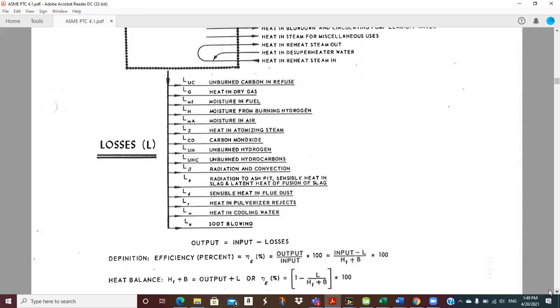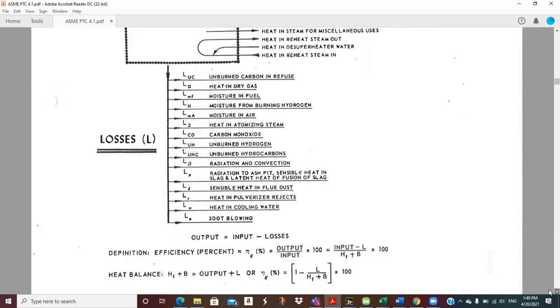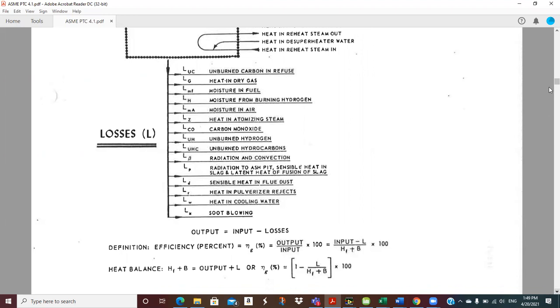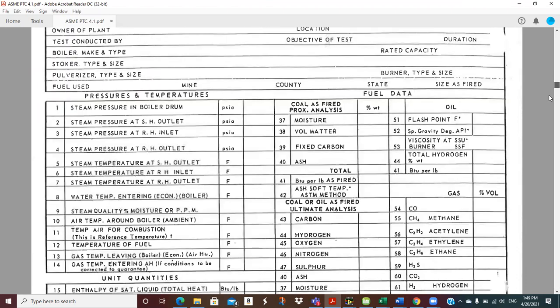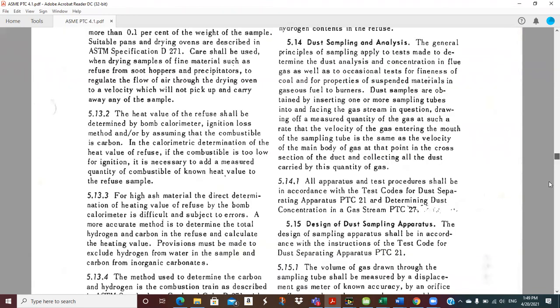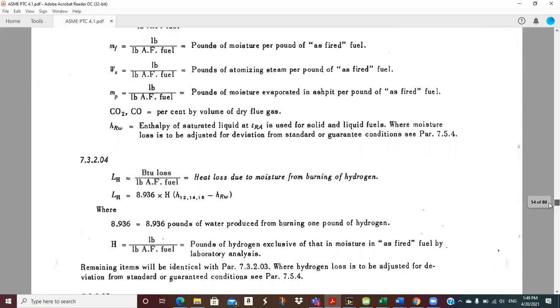And like I said, we can pull down and look for this loss of atomizing. Where's the atomizing? There, L sub Z. I don't know. There are forms and all kinds of stuff down here.